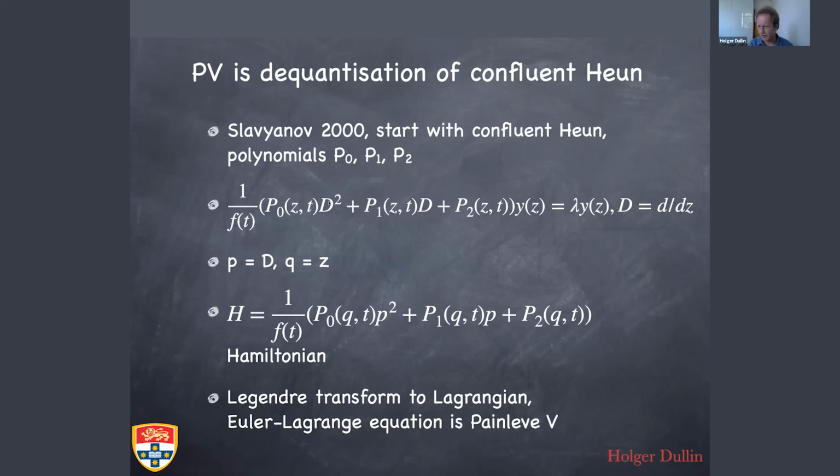D here is this derivative, second derivative, first derivative, no derivative, applied to y is lambda y. Lambda, okay, I called it E, now it's called lambda. So this is just the equation again. And these P's are polynomials. And they depend on some parameter T. In this case, T is a parameter, which is actually, I call it A, it's the position of the pole.